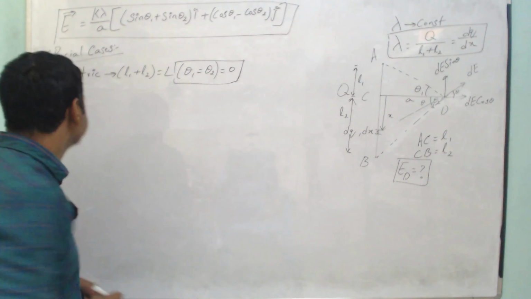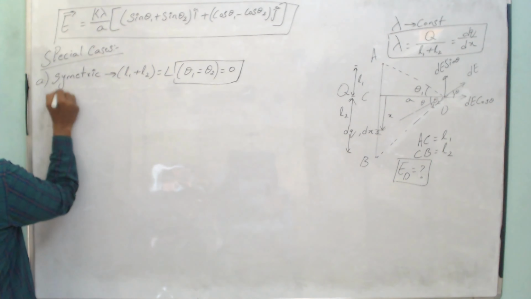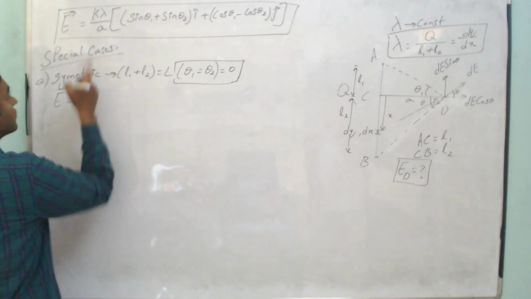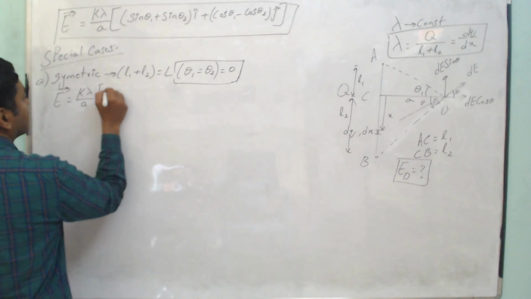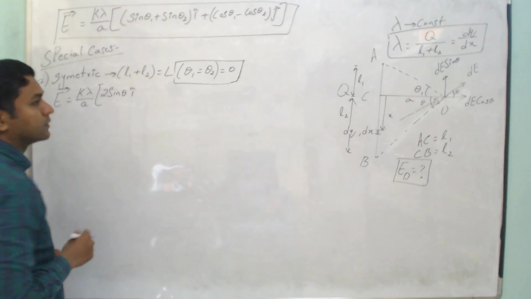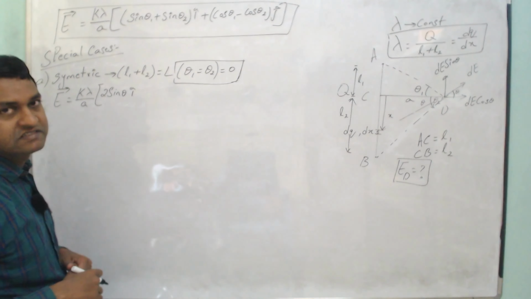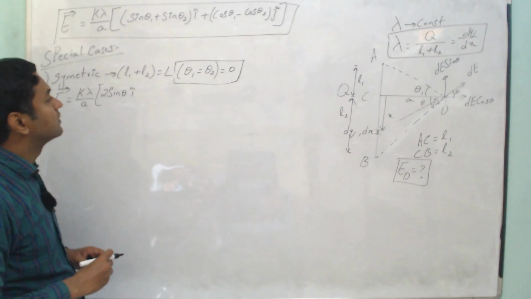Yes, sir. Therefore, my net electric field E bar is equal to K lambda by A, 2 sine theta i cap. Correct? But the sine theta component should be cancelled.